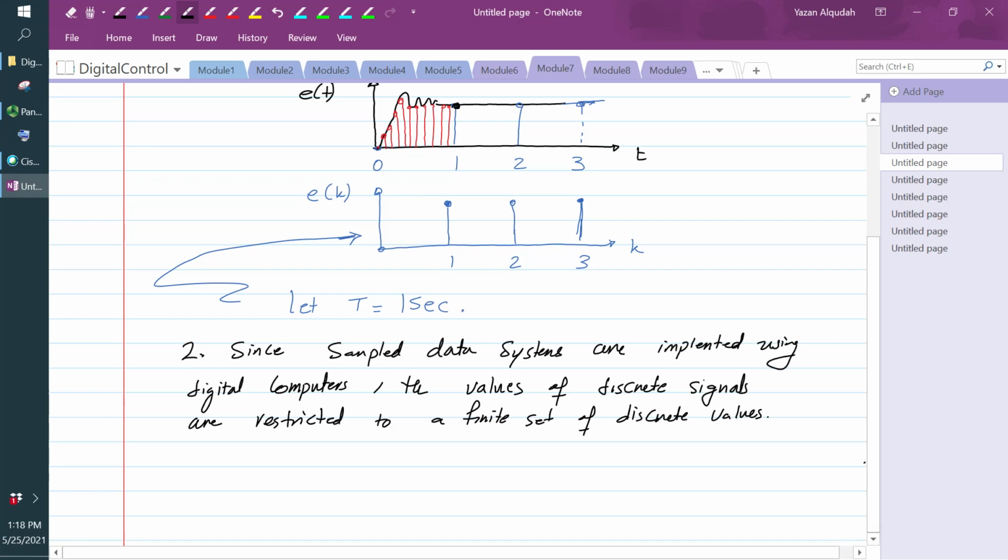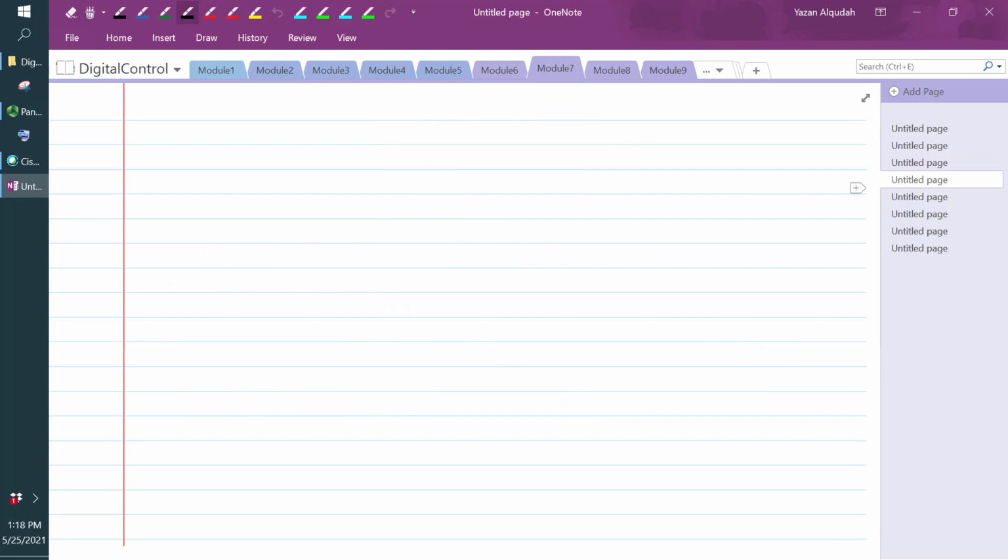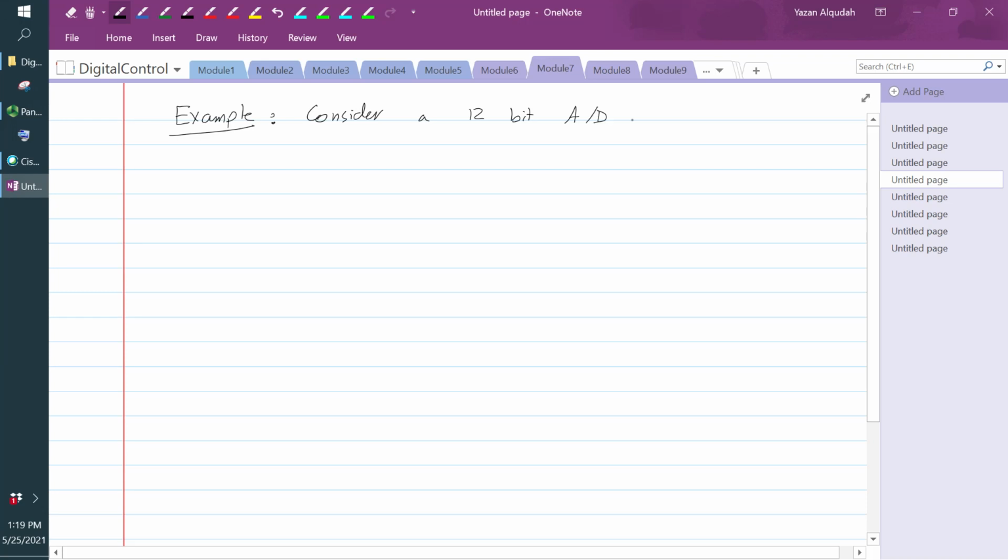And just to illustrate that, let's look at what happens, for instance, as an example. If we are using a 12-bit analog to digital converter, and assume that the input signal that we are sampling can vary in range between 0 to 10 volt.